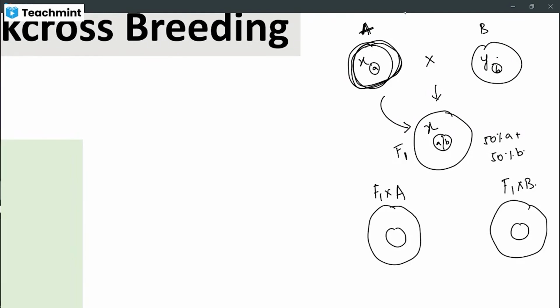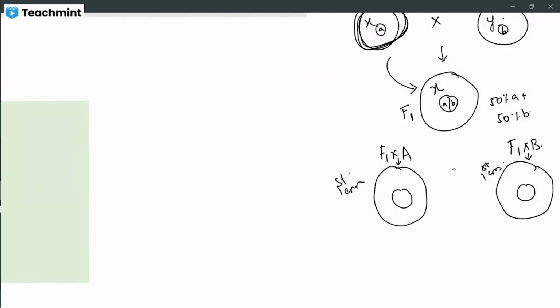So now tell me what is the cytoplasm condition in the first cross. X. And in the second one?